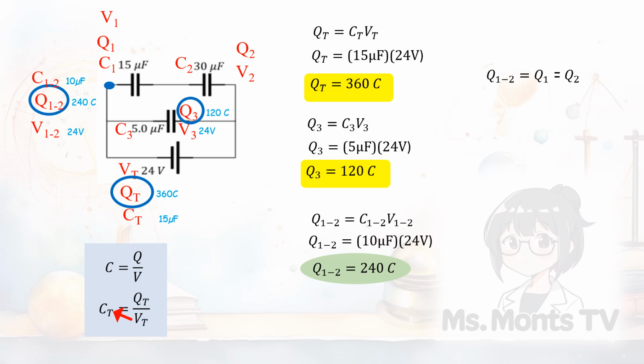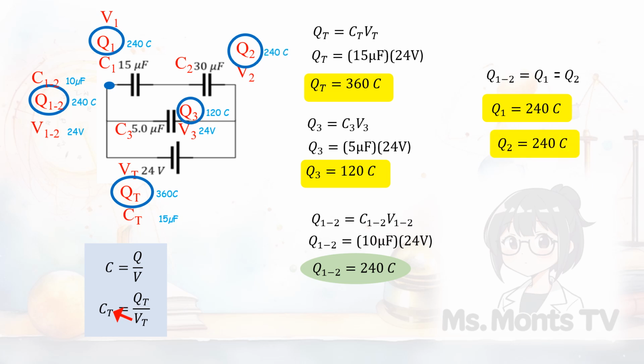So since they are in series, the charge 1 and the charge 2 is equal to the charge in that connection, series circuit. So Q1 is 240 coulomb, Q2 is 240 coulomb.